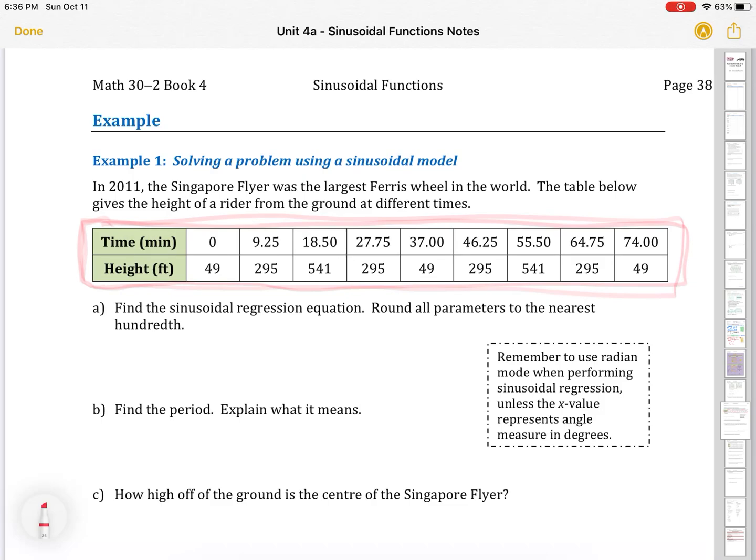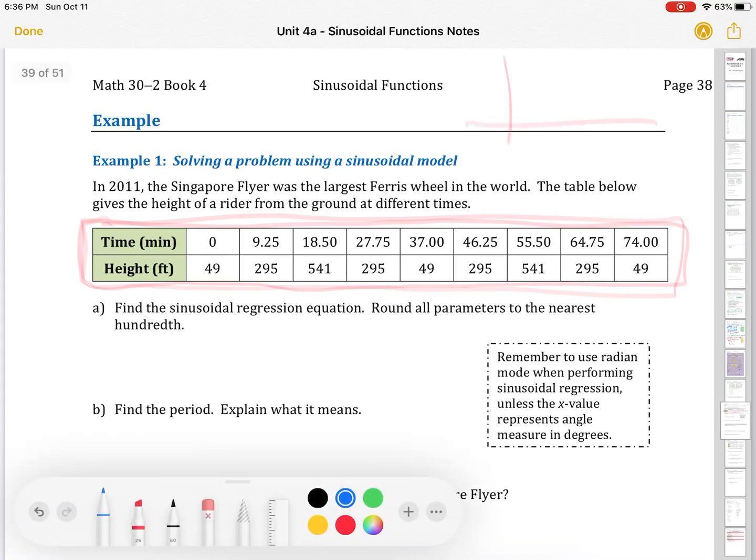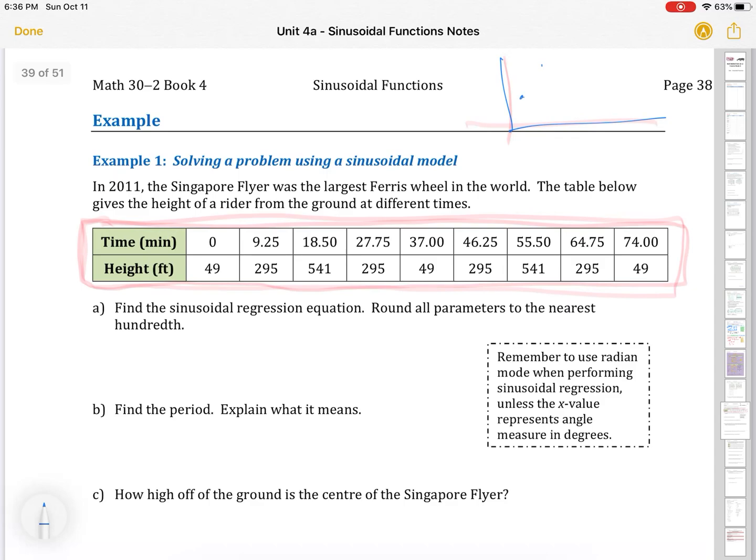Okay, then graph it. You can already see when you graph it that you have this nice scatter plot, and it's textbook. You can see, oh, that's a sinusoidal function, because it even looks like it. Then you're going to do your regression. So now, hit Stat and arrow over to Calc.